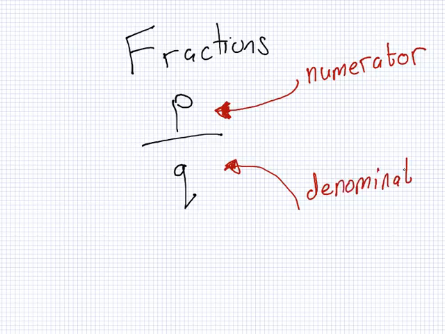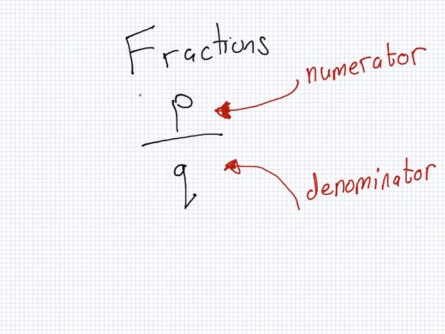I don't really know Chinese, so I don't know if it's the same meaning. I hope it's the same meaning. You can check if you want. So the top we call the numerator, and the bottom we call the denominator. These are common words in maths, and most people know these words.